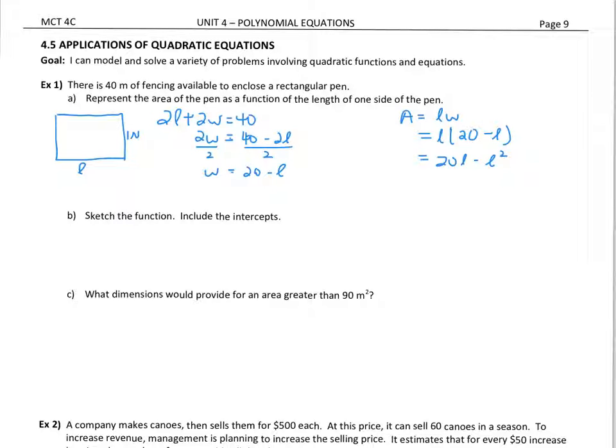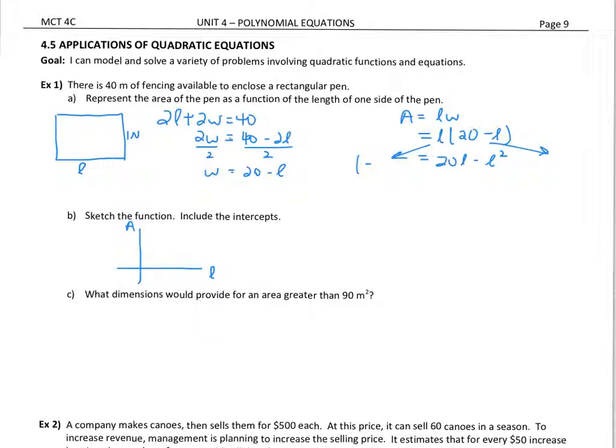Okay, sketch the function, include the intercepts. So if I look at that, my L is like my X, and my A, my area, is like the Y. From the factored form, I'm going to go back up to my equation here. I've got x-intercepts here. I've got it in factored form.